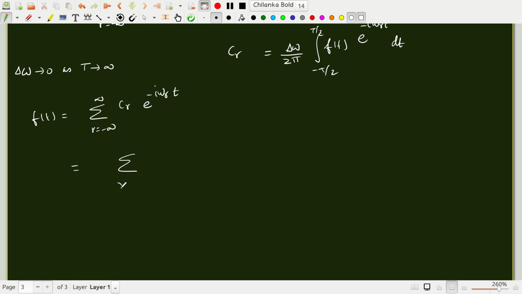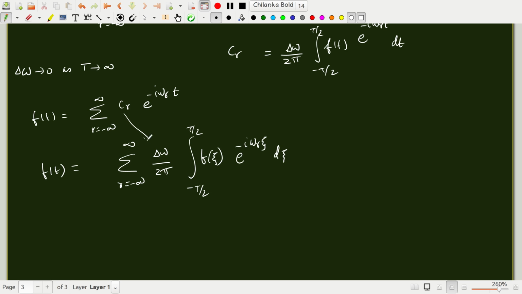So it is the sum over r of delta omega by 2 pi times the integral from minus T over 2 to T over 2 of f of t e to the minus i omega r t. Because I already have f of t here, I'll use a dummy variable, so f of zeta e to the minus i omega r zeta d zeta. This is basically c r, times e to the minus i omega r t.